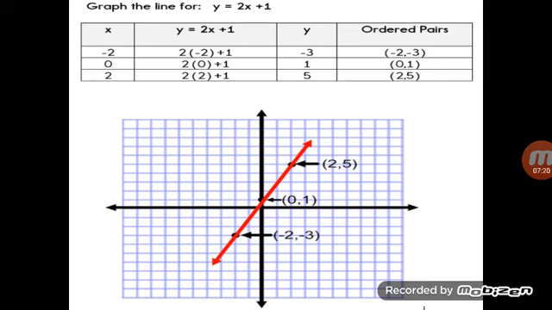Hence the ordered pair is (-2, -3). First we write the x coordinate and second we write the y coordinate. When x = 0, y becomes 1, so the ordered pair is (0, 1). When x is 2, y becomes 5, so the ordered pair is (2, 5).